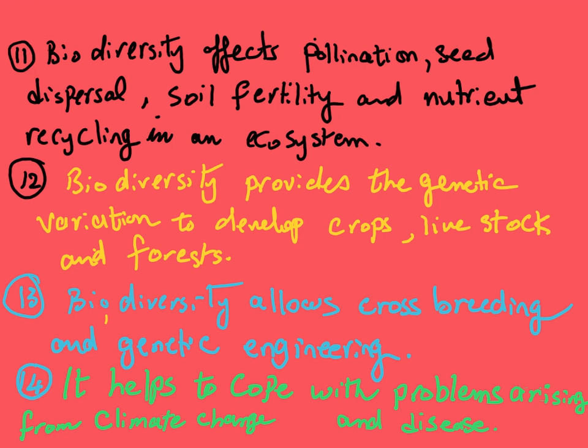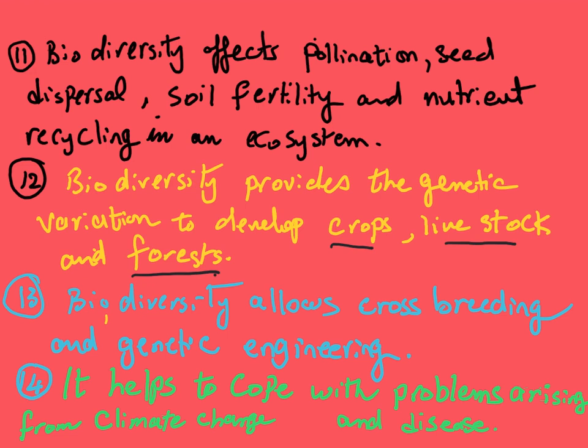Biodiversity provides genetic variation to develop crops, livestock, and forests. Forests should be occupied with varieties of living organisms from many different species, as any living organism depends on another one.